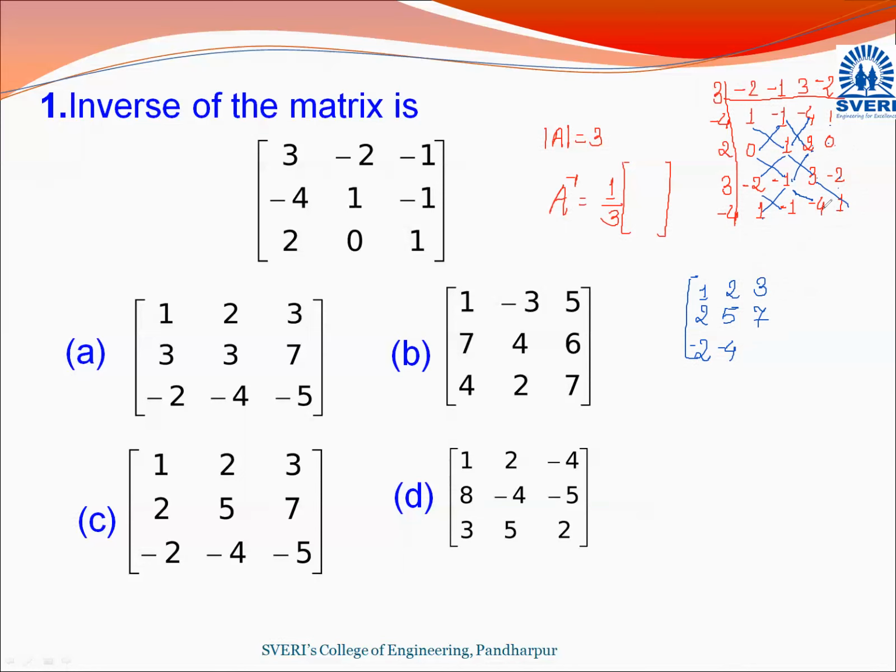So 3 minus 8 gives minus 5. So here the answer will be A inverse is equal to 1 upon 3 into 1 2 3, 2 5 7, minus 2 minus 4 minus 7. So you can go for this method.